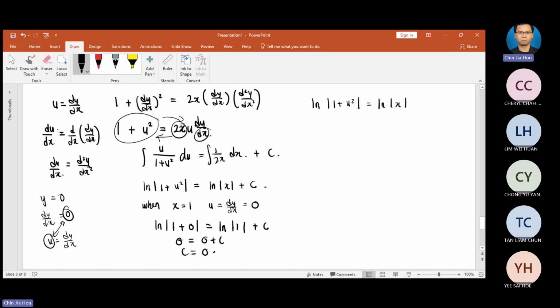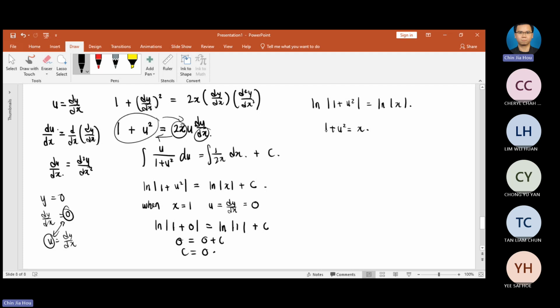This is not the final answer. Our ODE is in terms of y and x, so our final answer should be in terms of x and y as well, not in terms of u. So let's plug it back. But before that, we can get rid of the ln, using the law of logs.